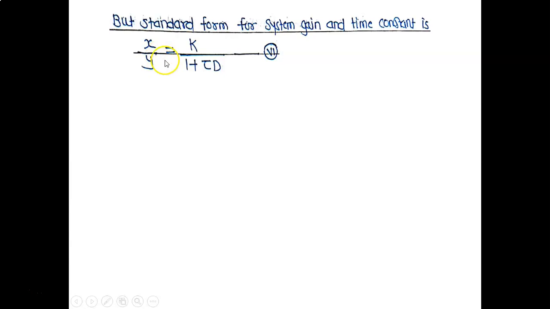X divided by y is equal to k divided by 1 plus tau D, equation 6, where k is known as system gain and tau is known as time constant. Therefore, here also in the denominator the first value is 1. Whatever this equation 5 is, n divided by v is equal to 2.5 divided by 0.5 plus 0.1 D, equation 5.